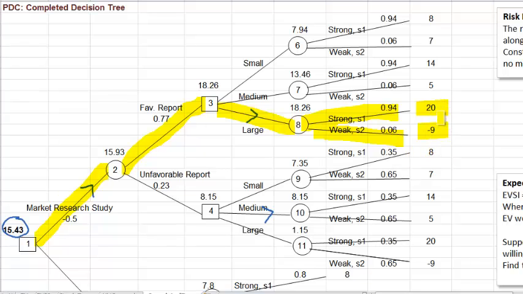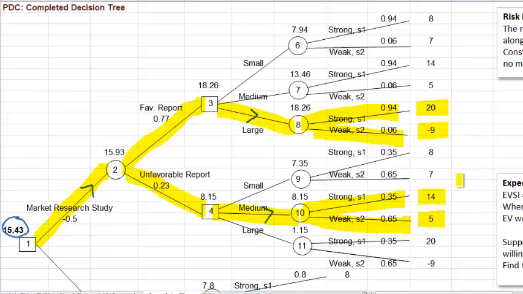So here are the two possible payoffs. Now, if the report is unfavorable, then we would build a medium condominium complex. If the demand level is strong, then the payoff will be $14 million. If the demand is weak, then the payoff will be $5 million. So these are the four possible payoff values.